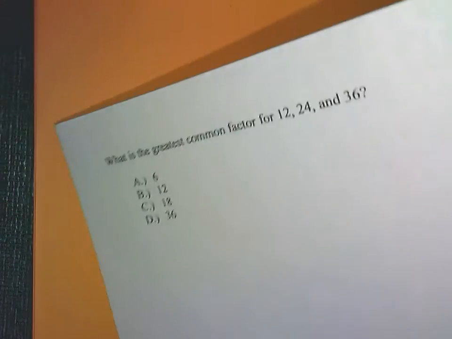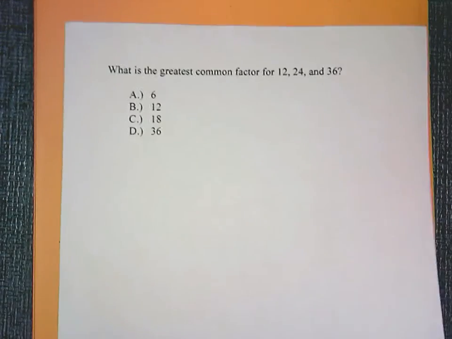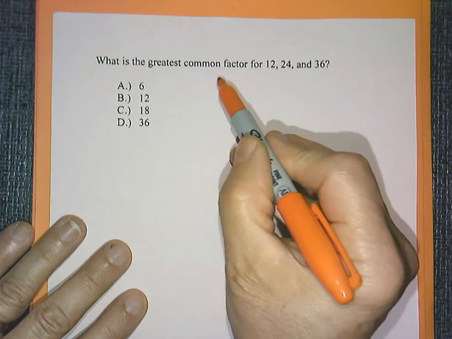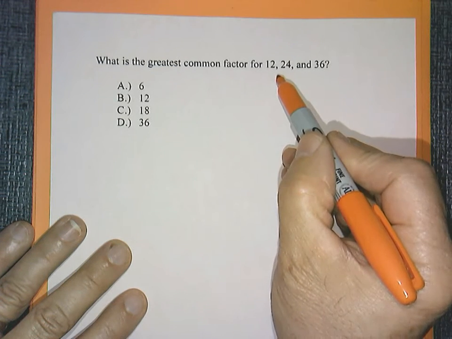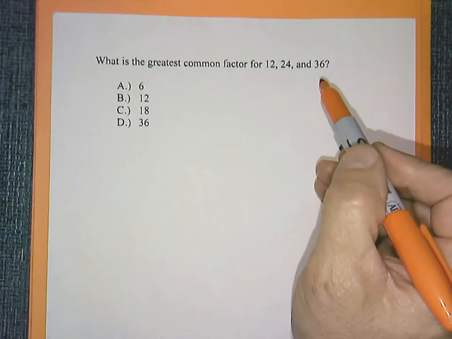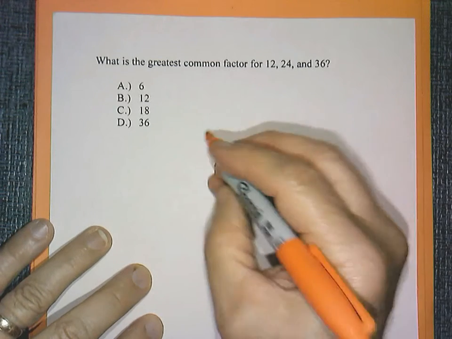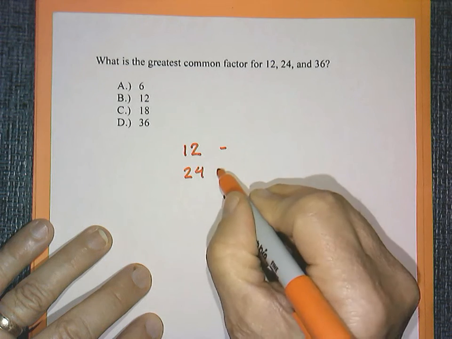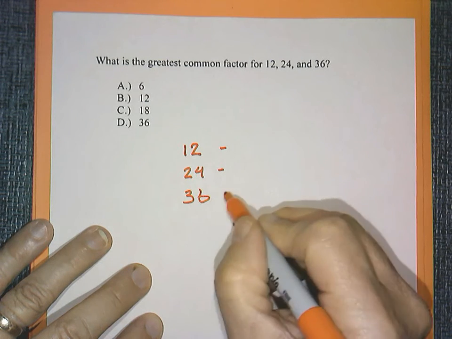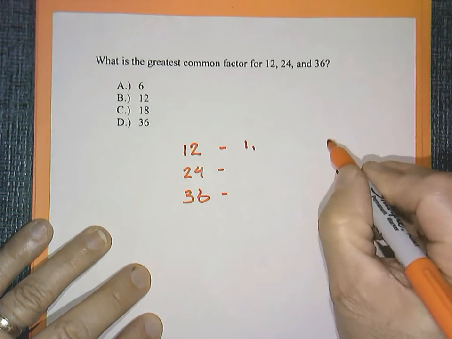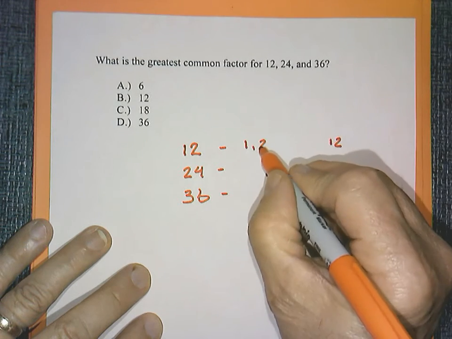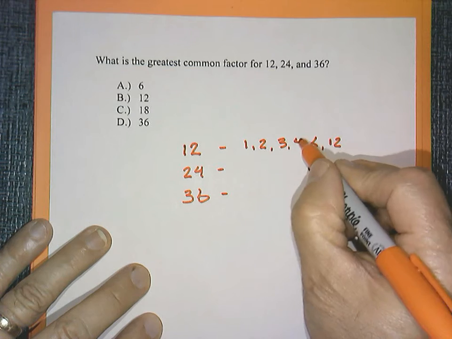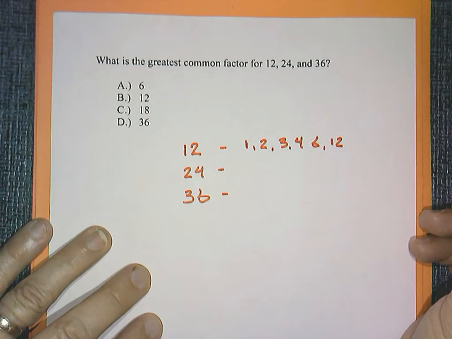Let's do one more. It's kind of a test type problem that you may see something like this. What is the greatest common factor for 12, 24, and 36? One, 12, 2, 6, 3, and 4.